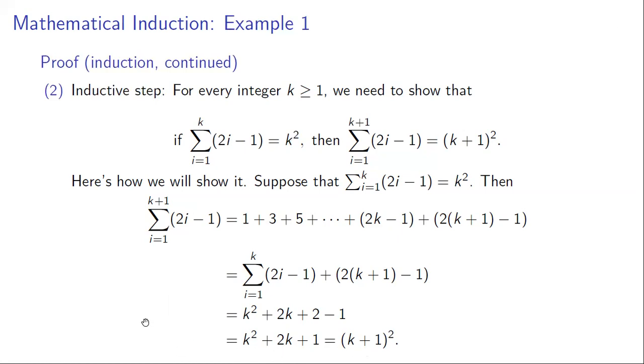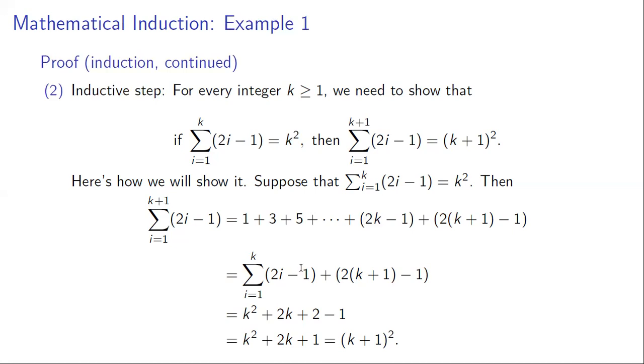So what have we shown? Well, we've shown that by supposing that this if part is true, by supposing that S of k is true, that leads to the conclusion that S of k plus 1 is true.